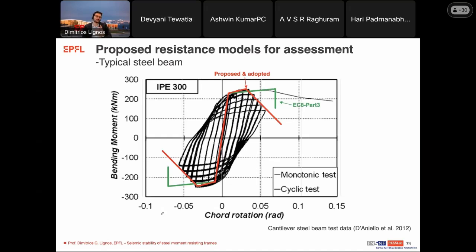You see that, for instance, for this example I showed earlier, now we have the possibility to capture much better the plastic rotation capacity at which we anticipate buckling, as well as the post-buckling behavior of the beam, which is much smoother relative to what current Eurocode or other models tell us.